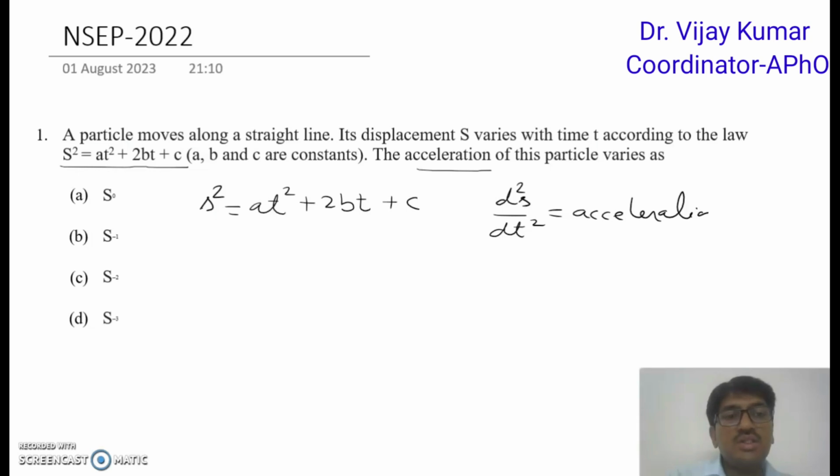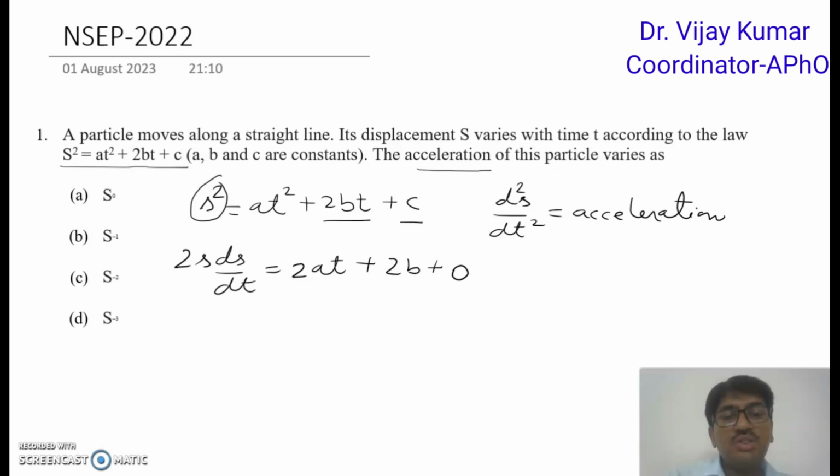So we have to differentiate this equation two times, and if we differentiate one time, it becomes differentiation of s square, that is 2s ds upon dt, and differentiation of at square is 2at plus differentiation of 2bt is 2b, and c is a constant.